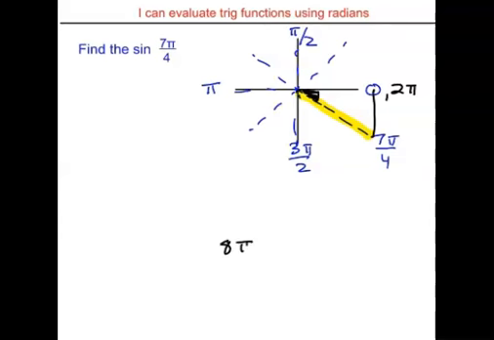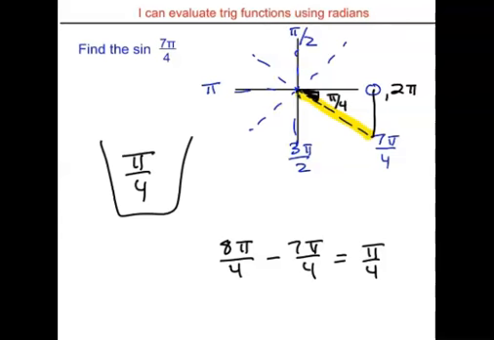So how far is it from 8/4 to 7/4? It's 1/4. That angle there is pi over 4. Now that's the same as 45 degrees, but my answer is pi over 4. That's actually the reference angle.